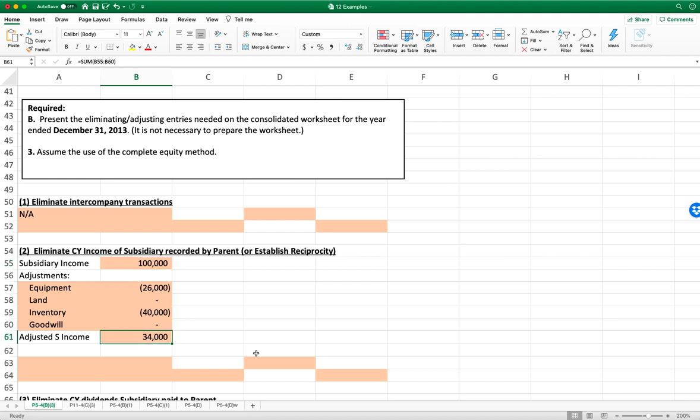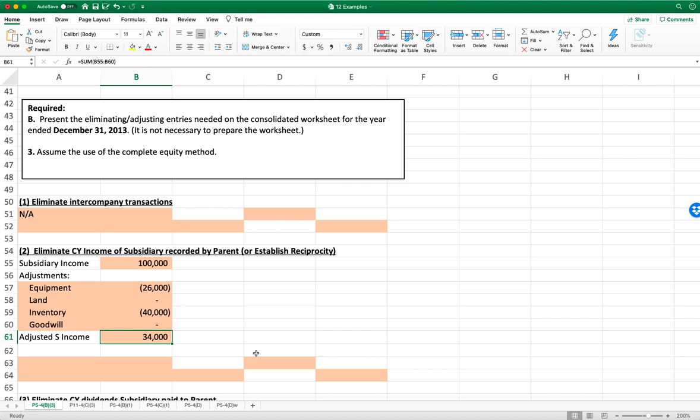But under the complete equity method, we're going to say, no, this is more accurate because as a consolidated entity, we have this extra depreciation. We have this extra cost of goods sold. So when we record our increase to our investment in S and our equity income, we're going to record 80% of this adjusted number that we know is better. And so that's what we did in this case.